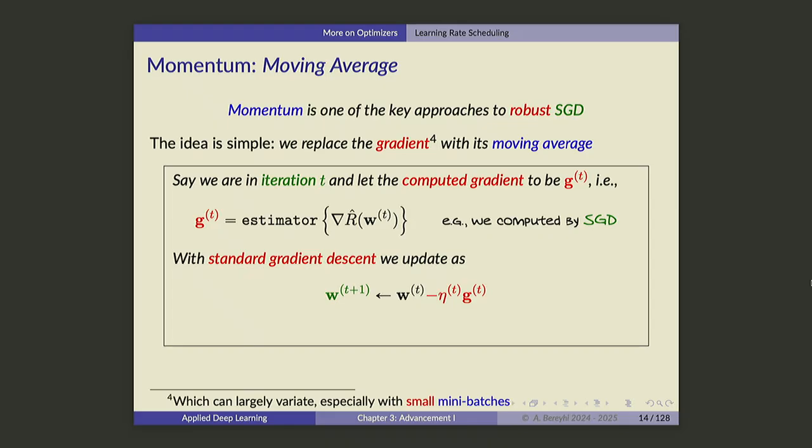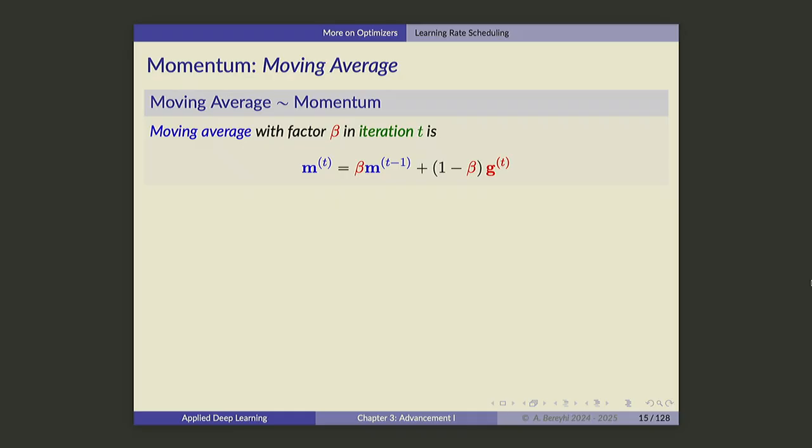Now, momentum says that instead of the gradient, just use the momentum, just the moving average of the gradient. Now, what is the moving average? This guy is the moving average of a process in time, okay? Now, what are we doing here? Let me just write it down on the board.